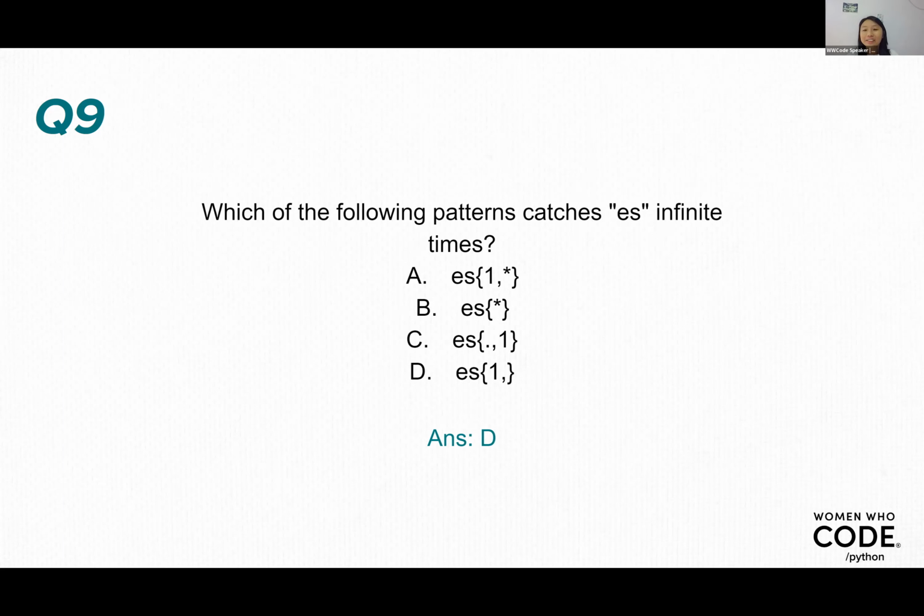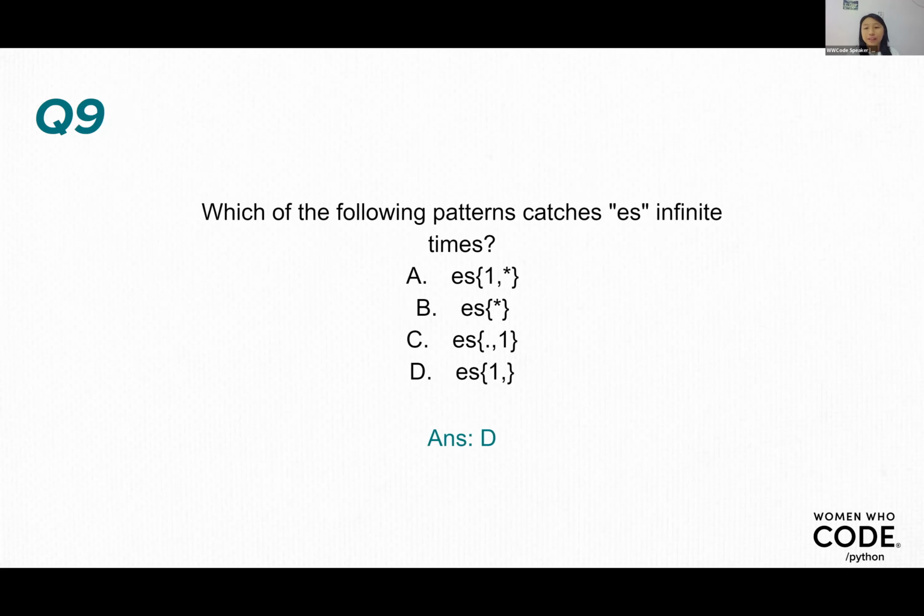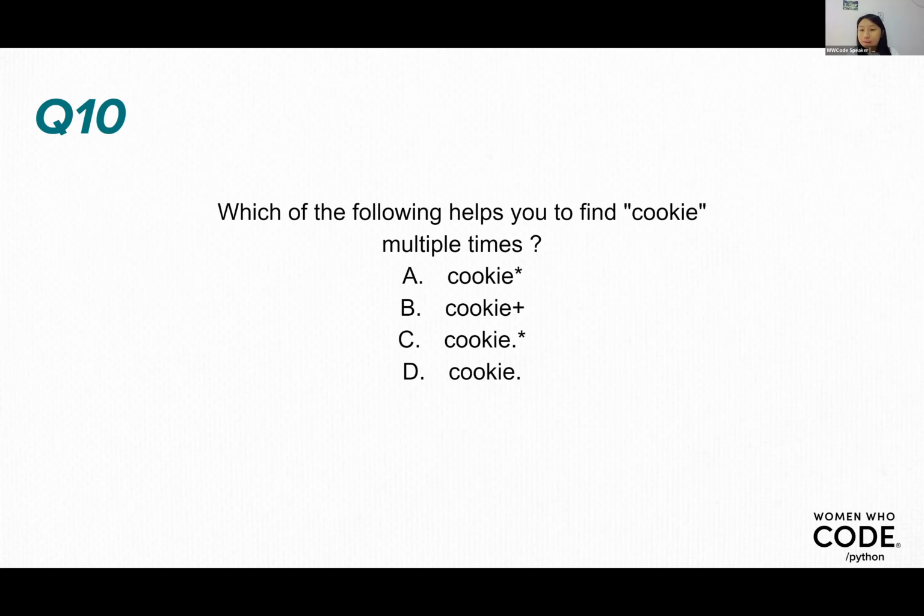The fun thing is that the choices A, B, and C are not really the most optimized way to look for something multiple times. So just be careful on that. Okay, last question.